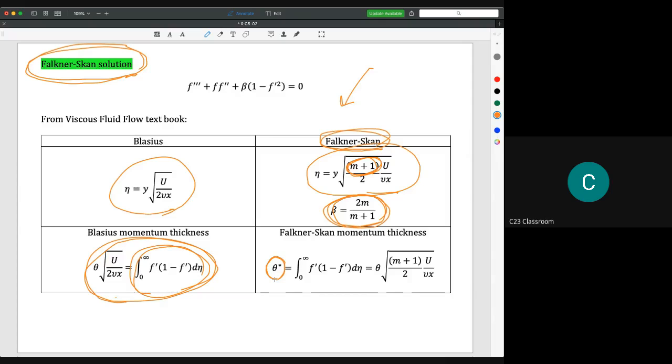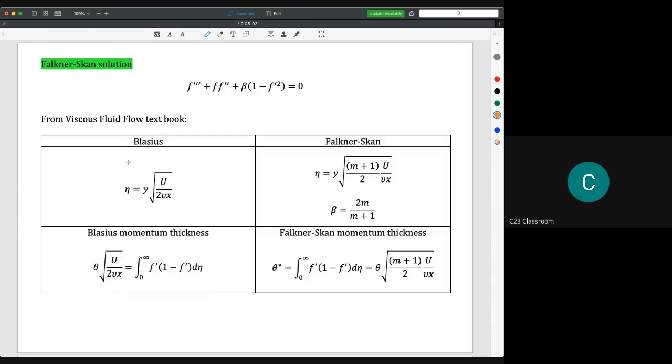In simple terms, it takes this equation to calculate the Falkner-Skan momentum thickness, but we add m plus 1 here to show the effect of a slope.